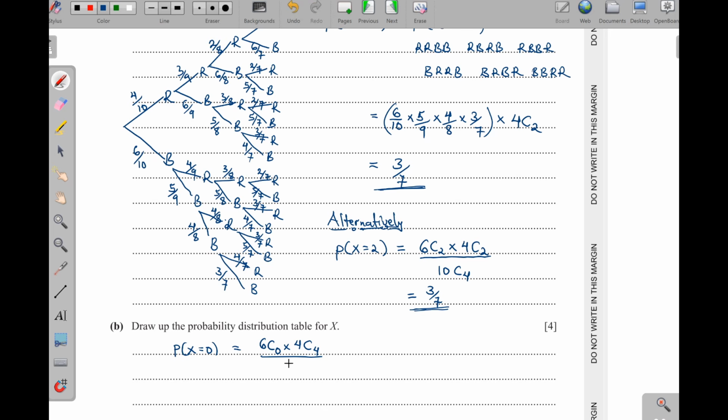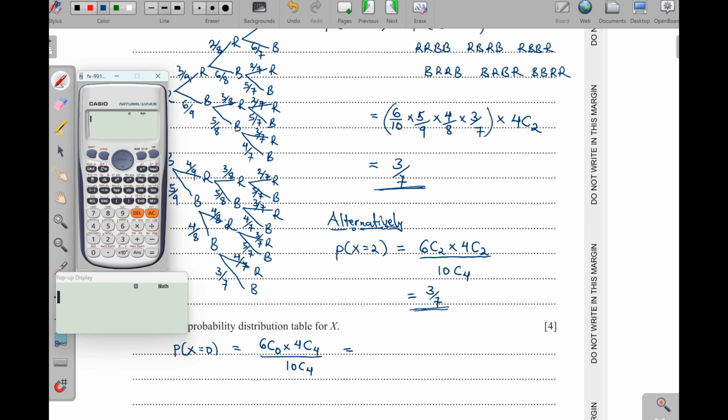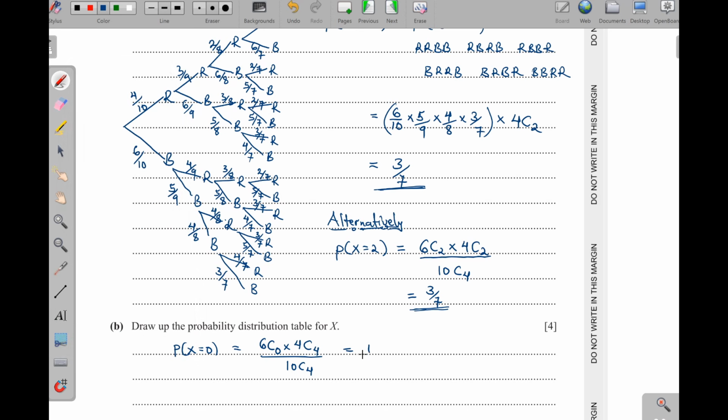And then we divide by 10 combination 4. What do we get here? 6 combination 0 is a 1. 4 combination 4 is also a 1. Now what is 10 combination 4? That is 210. So we have 1 over 210.